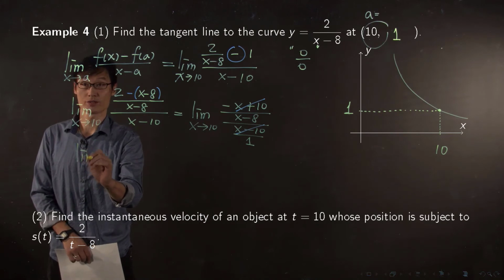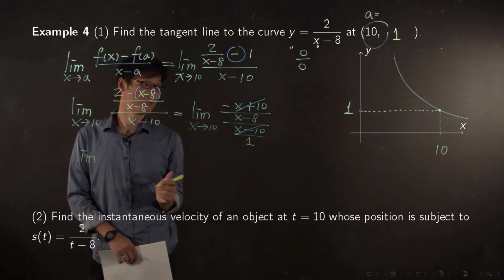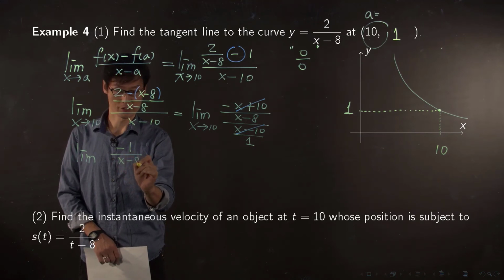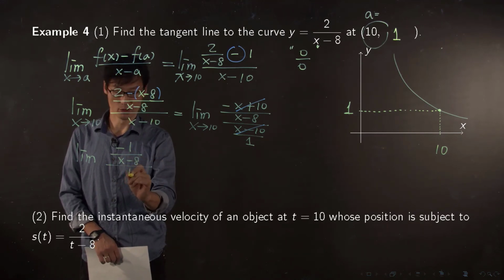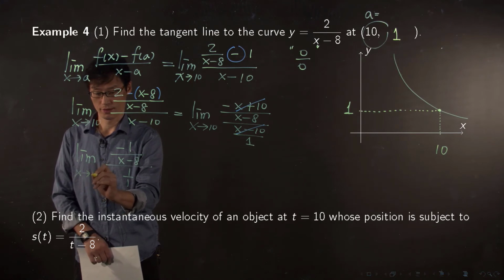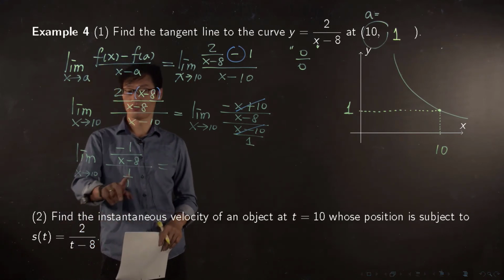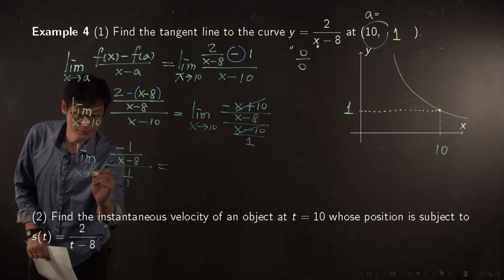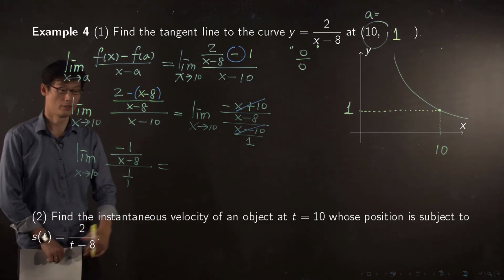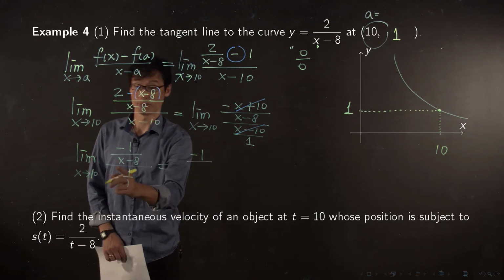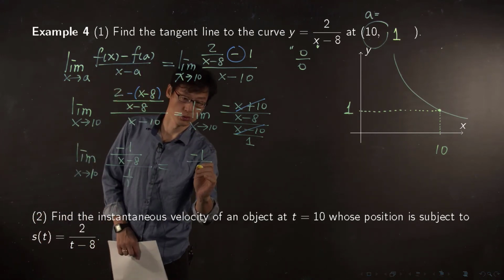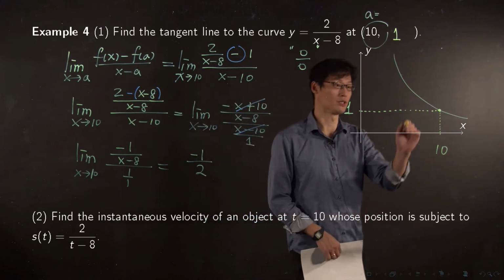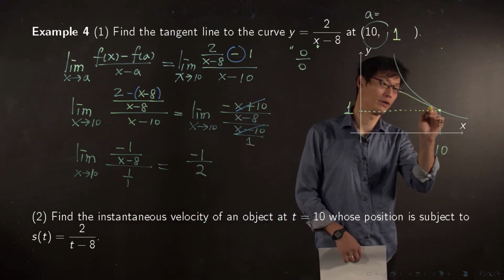So when you cancel, we will get negative 1 over x minus 8, over 1. We are ready to find the limit just by plugging in 10. Well, negative 1 over 10 minus 8, or 2. It turns out that slope of the tangent line is negative 1/2.